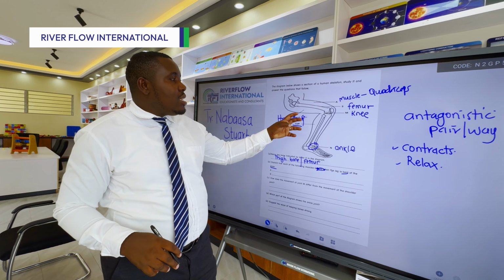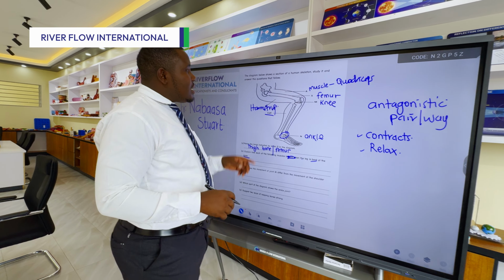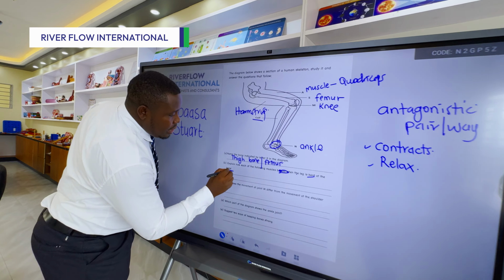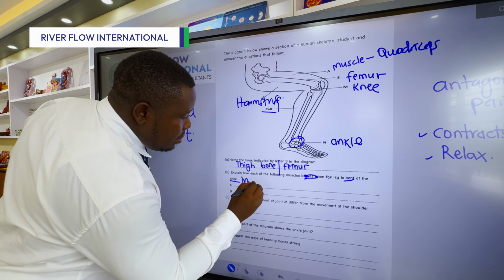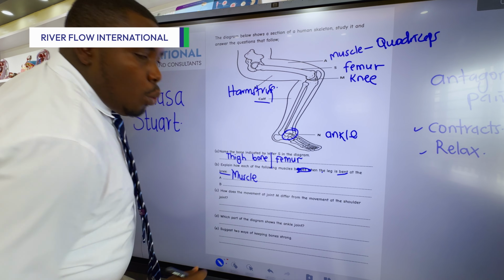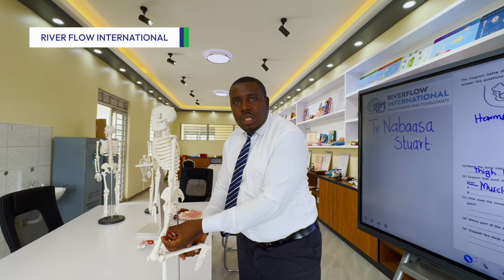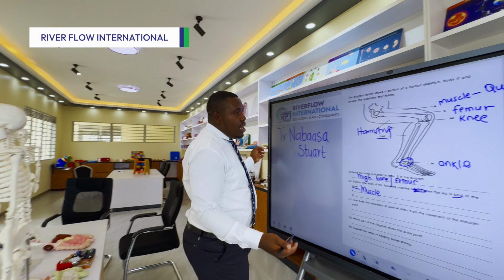So we are going to look at this. When you bend the leg, muscle A, the quadriceps, will not contract. What contracts is the muscle at the back, the hamstring.